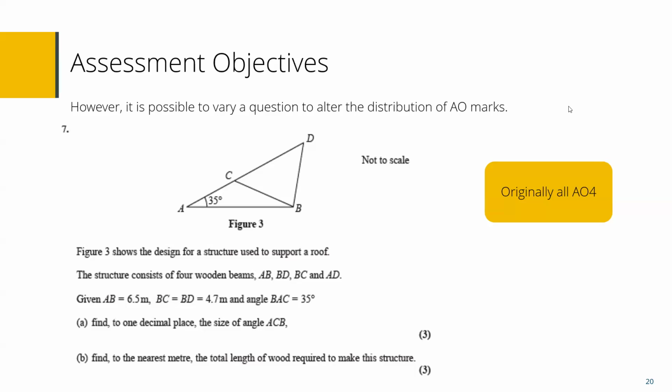The other one is, if we look at part B, find the nearest meter, the total length of the wood required to make the structure. If we change this to find, correct to the nearest centimeter, the perimeter of the triangle, so you're telling them exactly what to do, it then changes the assessment objective 4 to an assessment objective 1 and 2. Assessment objective 1, because I have to recall the facts and knowledge, and assessment objective 2 is putting those together to solve the question.